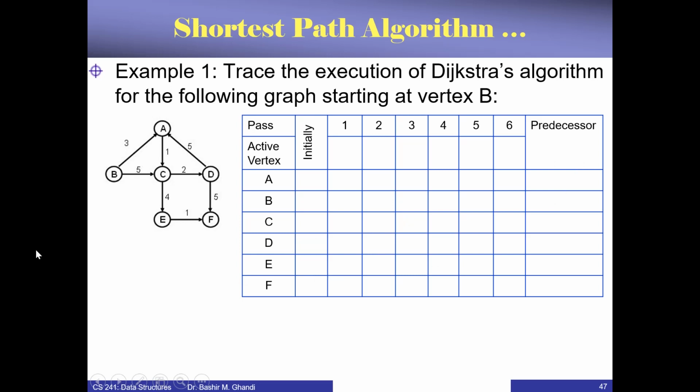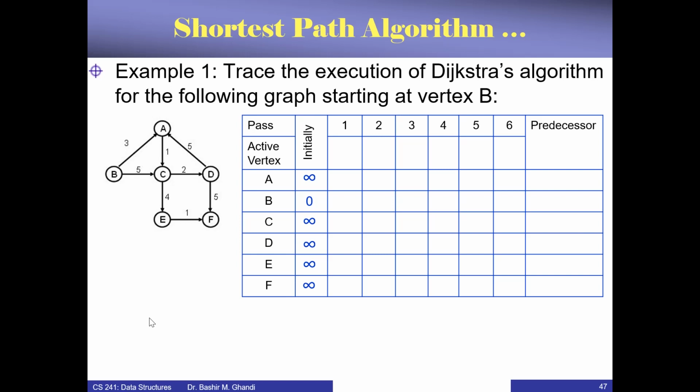So the first step, according to the algorithm, is to initialize the cost of the starting vertex to 0, and for all the other vertices put infinity. This is all before the loop. Now in the loop, we're going to be doing 4 things.